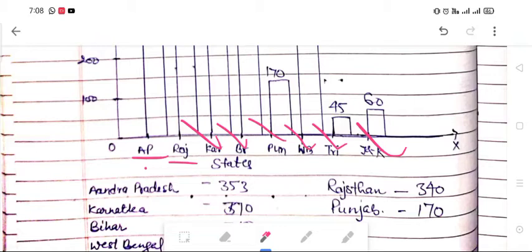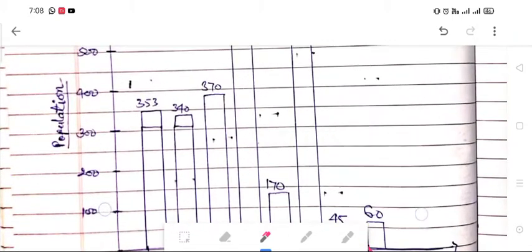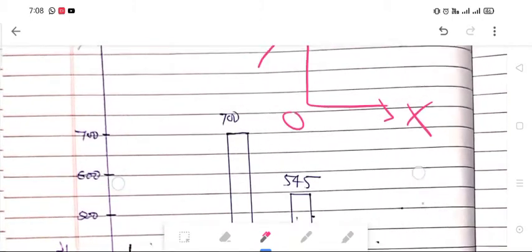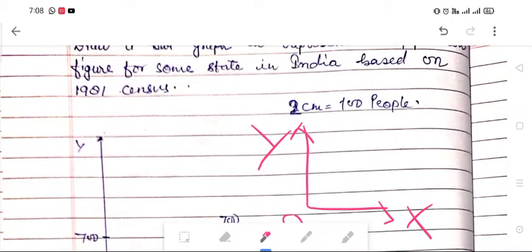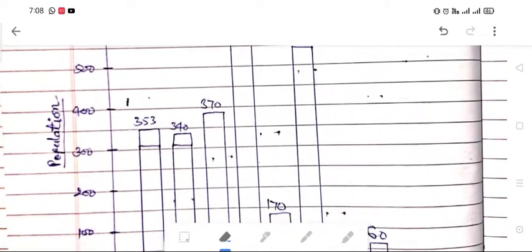So at first we can see the population of Andhra Pradesh is 353. Here the scale of the graph is given as 2 centimeters equal to 100 people. That is, every 2 centimeters will represent 100 people on the vertical axis, that is the y-axis. Okay, so let us see the first bar.